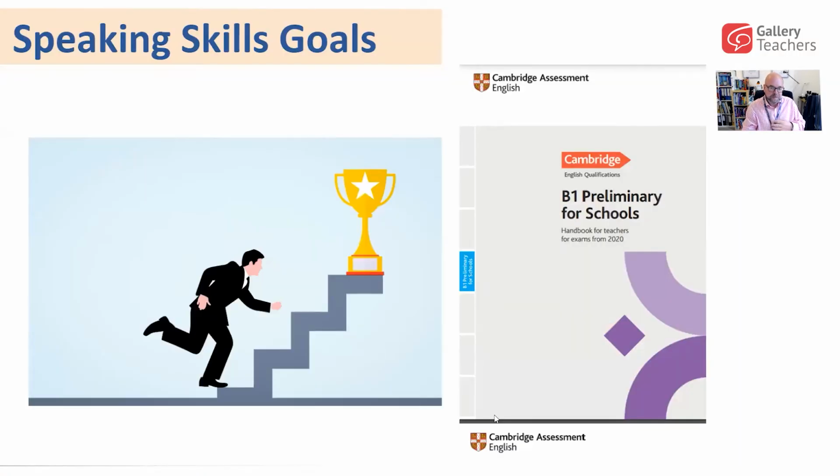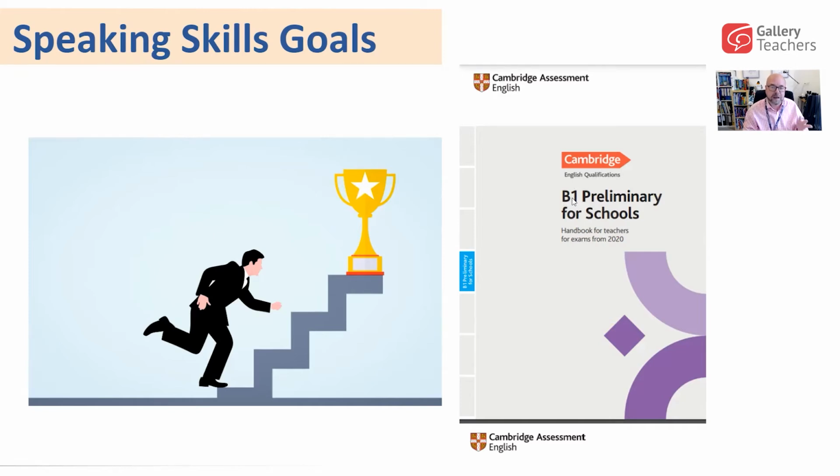Okay, so what we see on the left, a man in a suit walking up some stairs, he has a clear objective. He has a goal in mind. And that's going to be the case for our students when they enter exams. Now, I've chosen here a very popular exam, specifically at a slightly lower level, the Preliminary for Schools test developed by Cambridge English at the B1 level.